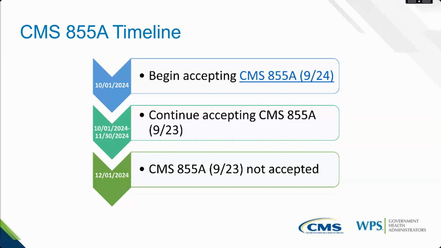And again, this has everything to do with that attachment. They are wanting that ownership, that managerial control information, and those additional disclosable parties reported in the new attachment. You'll hear me say this a few times, but Section 5 and 6 no longer apply to skilled nursing facilities.